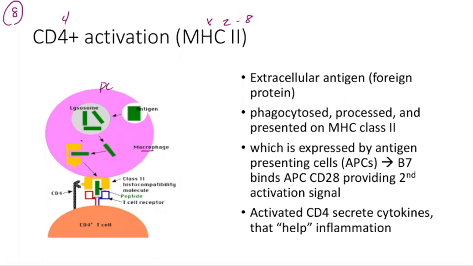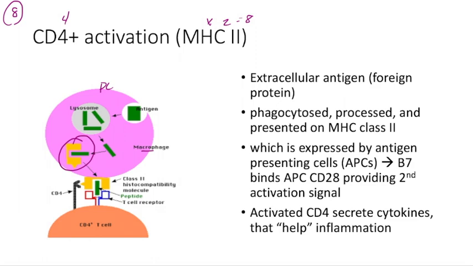we have this presentation of it. So class 2 histocompatibility molecule is this little guy here. So it basically takes it to the outside of the dendritic or macrophage, whichever antigen presenting cell it is, and it puts it on its cell surface. And what happens then is that we have T cell receptor for that antigen. Remember, highly specific.